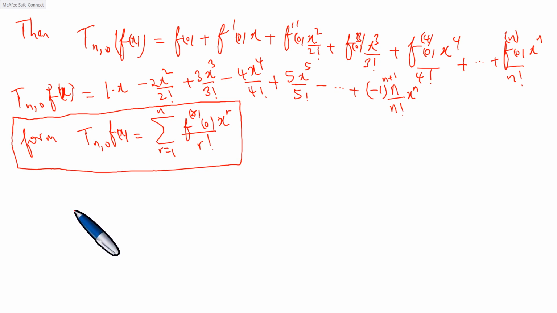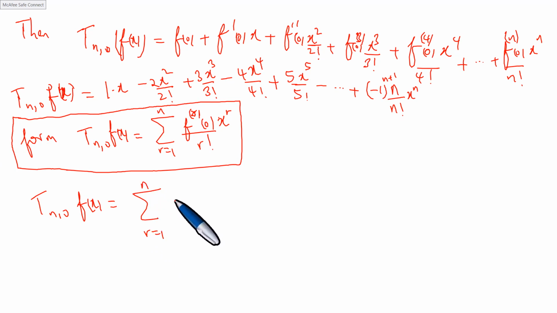We are well set. The general term is already there. So you can write this as T_n f(x). It's exactly the summation, the nth derivative.